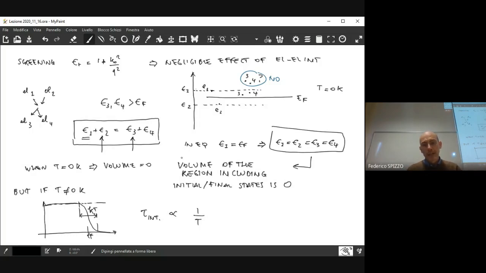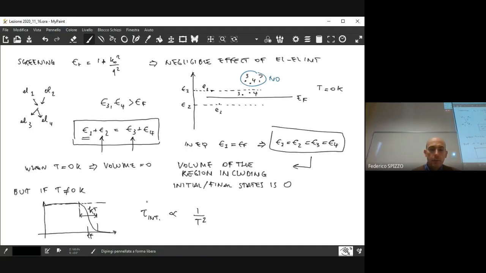And if we have many scattering events, then the relaxation time is expected to be small. And what is the power of T? We have a T factor due to the choice of E2, another T factor due to the choice of E3. So here we have a T to the power of 2, 1 over T for E2 and 1 over T for E3.